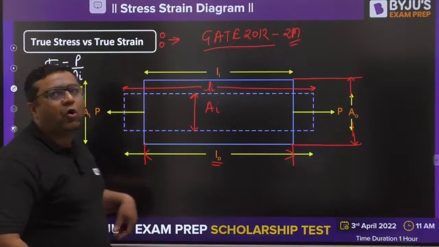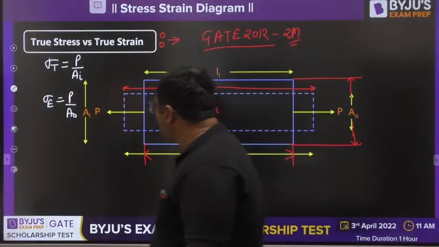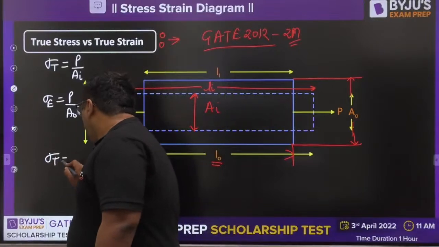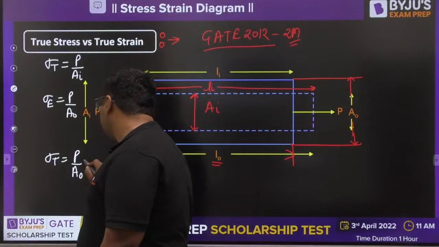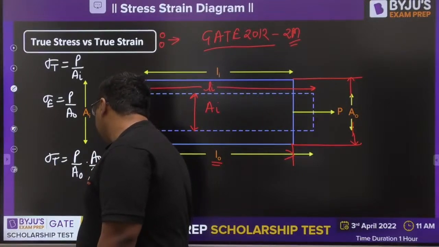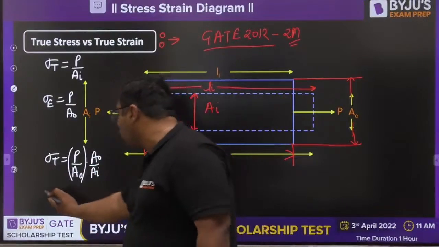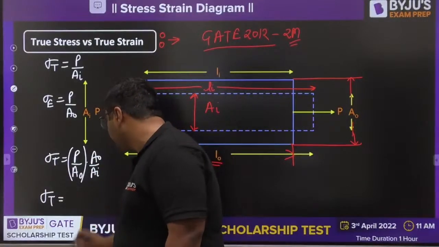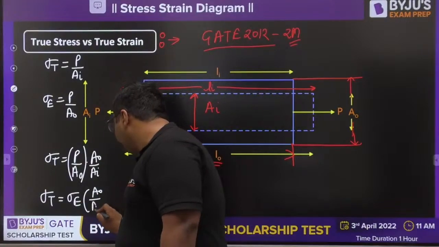But we know original area, we do not know instantaneous area. So we can write true stress like this: load by original area into original area by instantaneous area. So load by original area is engineering stress. So we got a relation: true stress is engineering stress into A0 by Ai.